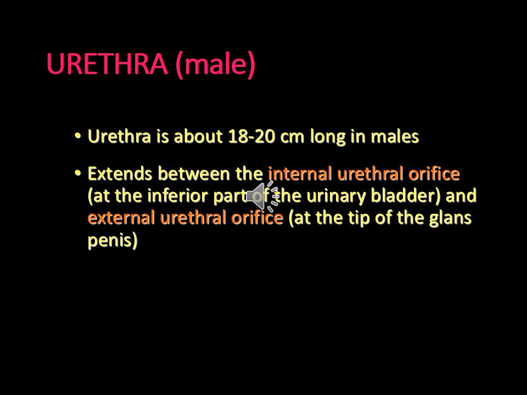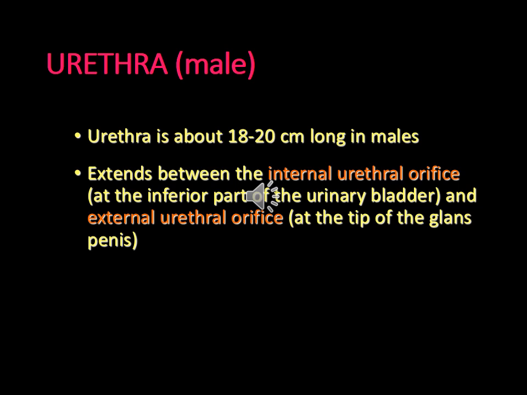If you remember the anatomy of the urinary bladder's interior, there is a triangular area called the trigone, and the apex of the trigone is the beginning of the urethra, and this opening is called the internal urethral orifice.